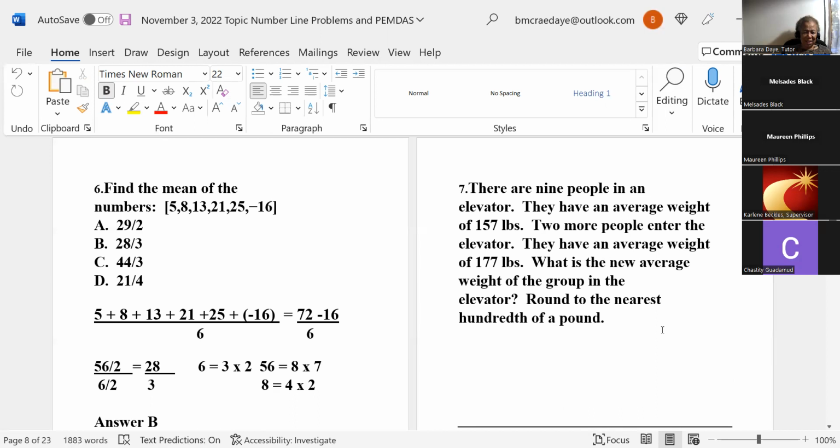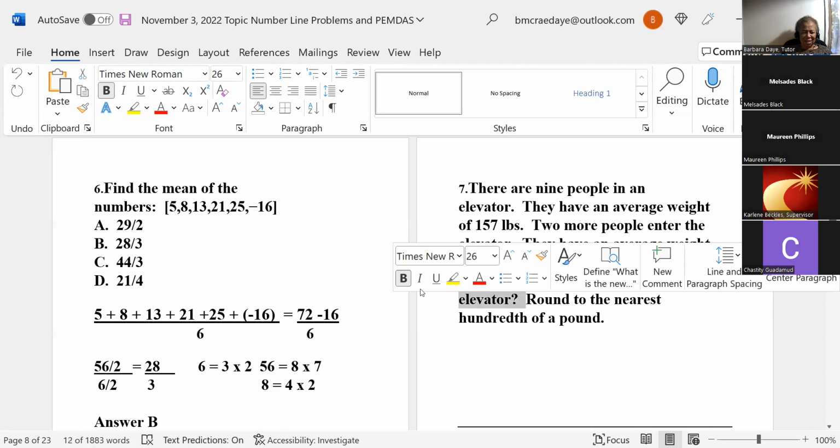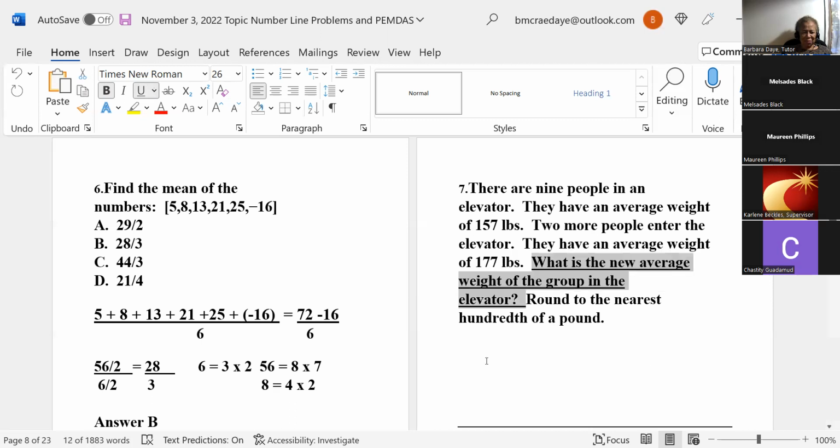And then I added up the 2 numbers together, and then I divided it by the 11. But I don't know if I did it right. What was your answer? My answer was 96 or something pounds. Rounded off to the nearest hundreds of pounds, it was 96. Probably did it wrong.